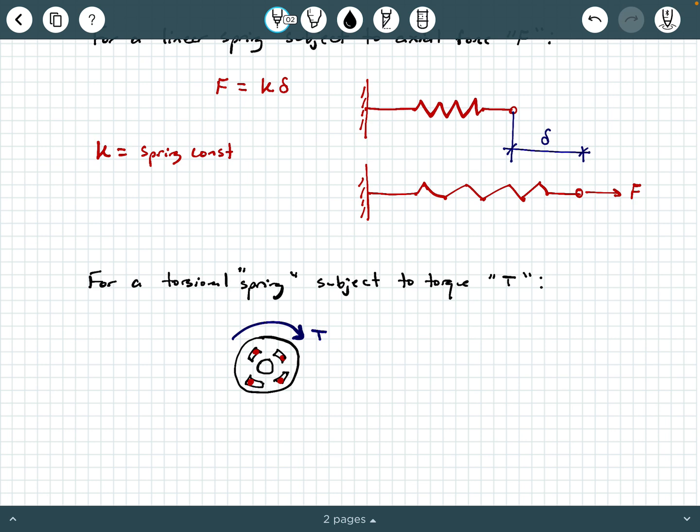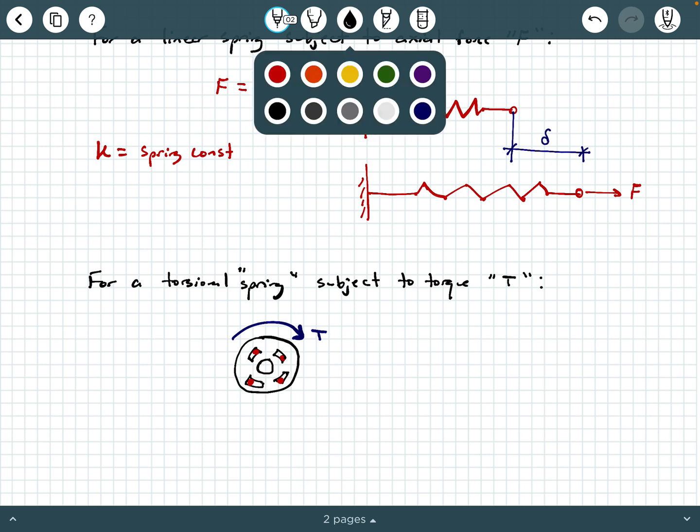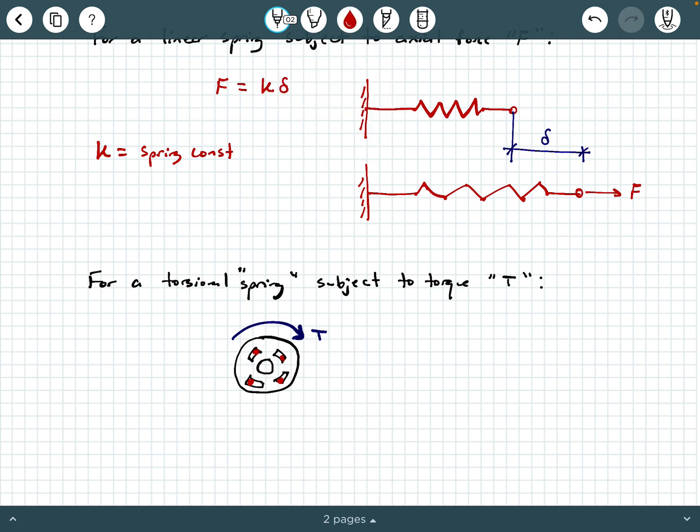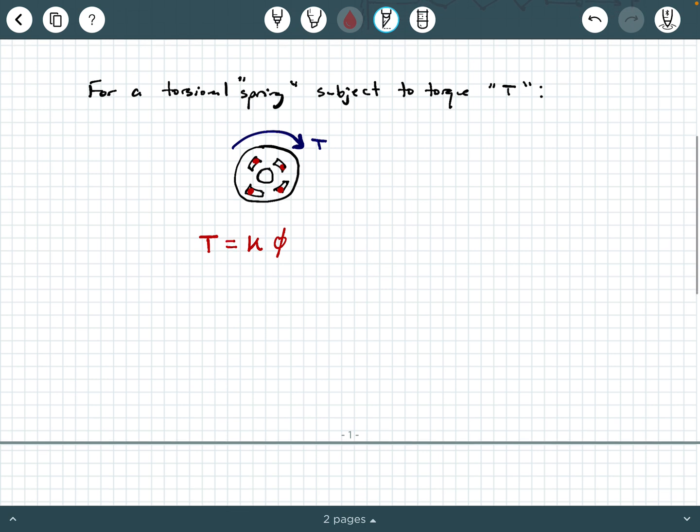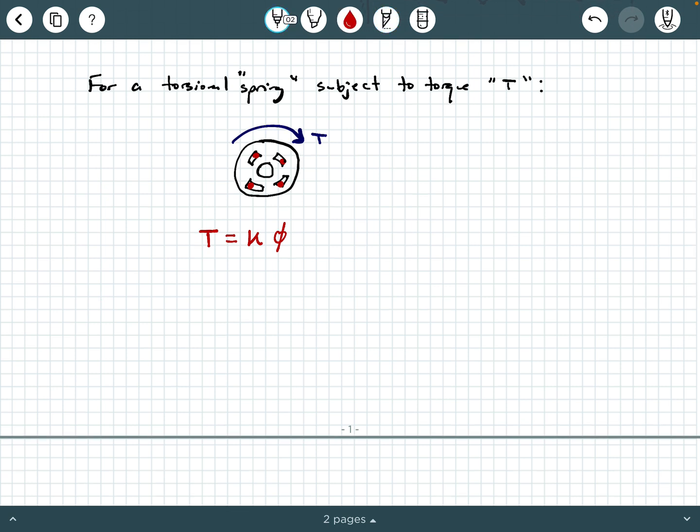Okay, and so what we can do is build a torsional version of Hooke's law by saying T is K times phi. Now what is K here? K is a torsional stiffness. So what would the units of K be?